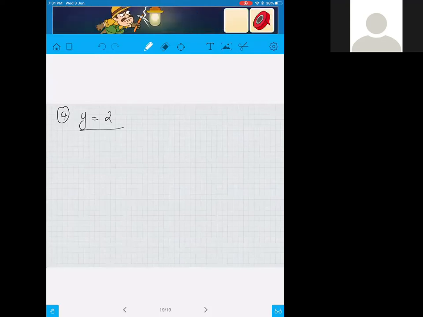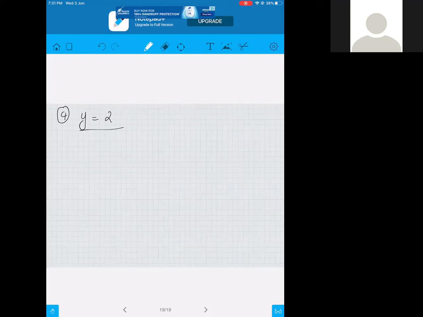Haneen, can you tell me what is the meaning? Basically, we're going to choose any numbers for x, and with all of them, y is going to be 2. Yeah, very good. Whatever be the value of x, the y remains the same. Does it make sense? Then you try to draw a table and insert some values.